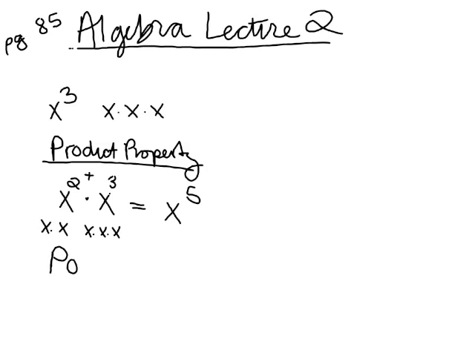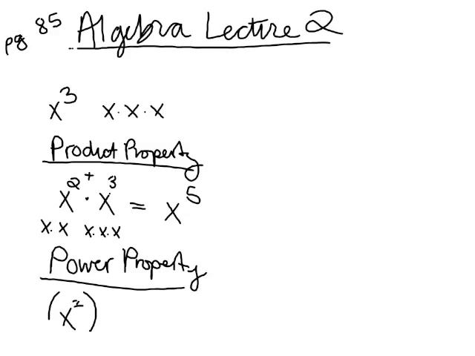Now we're going to talk about the power property. Okay. So let's say I have x squared again, and that is inside a set of parentheses, and I have cubed out here. So this is really x squared, which is x times x, 3 times.